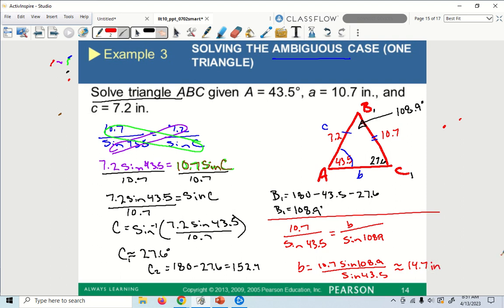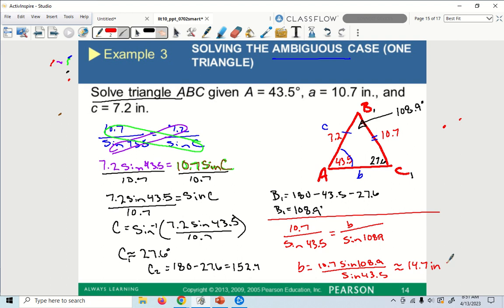Now, what I'm about ready to say goes back to what we're doing on the warm-up. Big B is the largest angle, isn't it? So by what we were talking about, little b would have to be the largest side. Is that true?